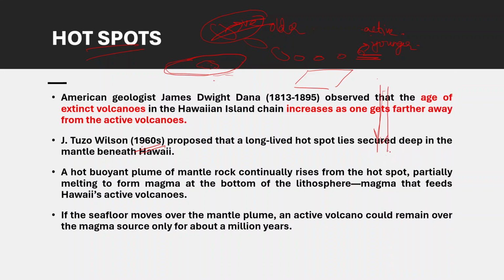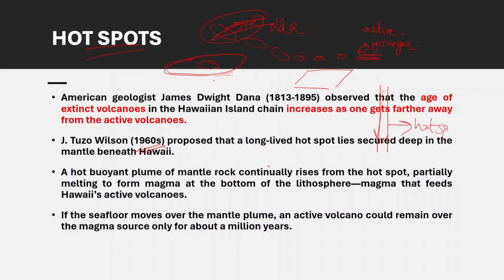A mantle plume is basically buoyant, less dense mantle rock coming up, melting, and coming through the crust. That is the situation being explained here. A hot buoyant plume of mantle rock continually rises from the hotspot. This is called a hotspot.